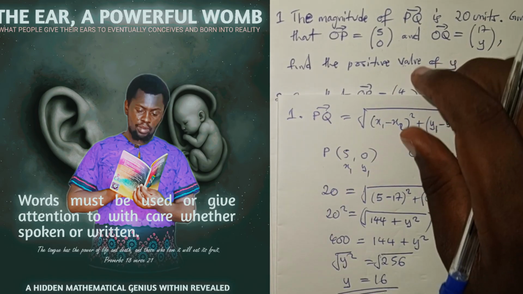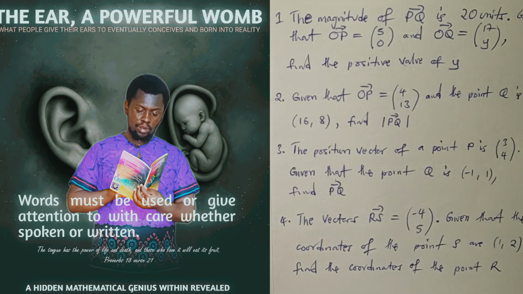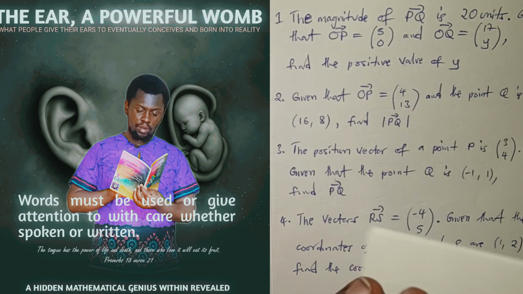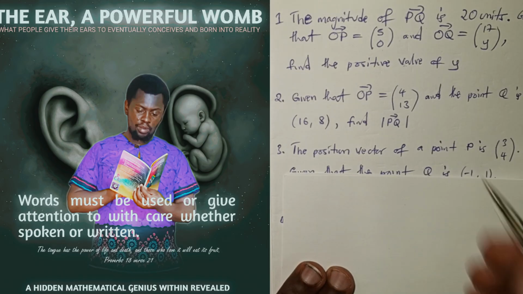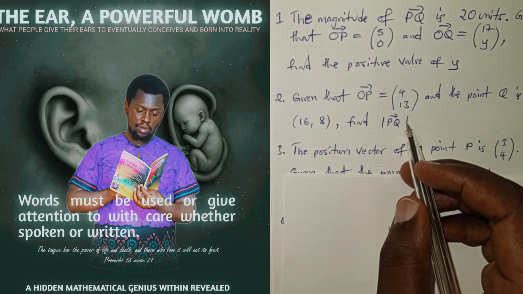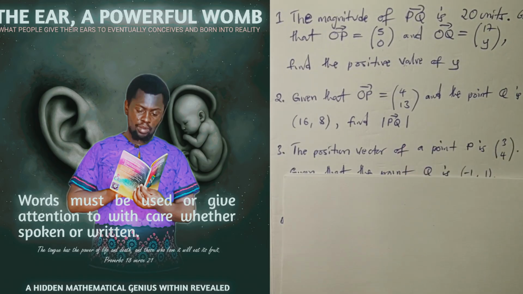We go to question 2. Question 2, we have given that OP is equal to 4,13 and the point Q is 16,8. Find the absolutes of PQ. So that is just the magnitude of PQ. So it's the same idea.